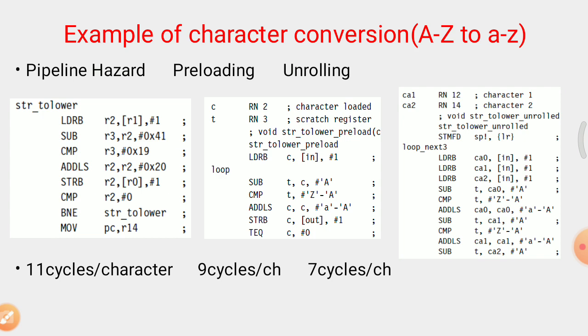Unrolling is instead of rolling, which is nothing but repeating. So we are changing from repeating for one character conversion to 3 characters per iteration. By using this method, we can save 4 cycles per character conversion. So we can see how the performance is increased.